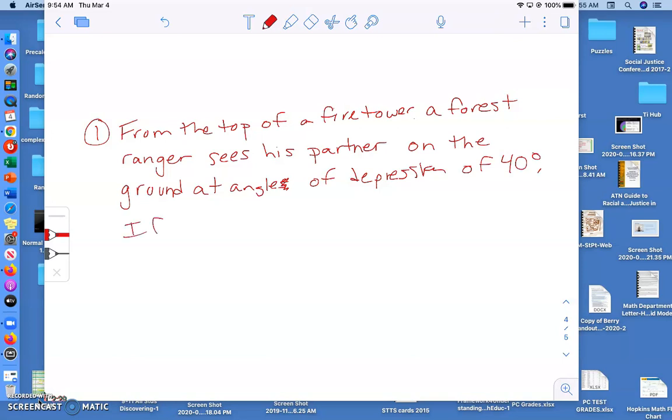If the tower is 45 feet in height, how far is the partner from the base of the tower?